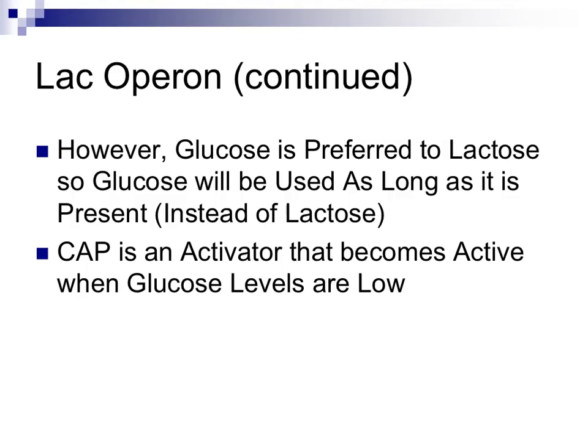Now, there needs to be an indicator to the bacteria when glucose is not around. There's a molecule called CAP that's going to act as what's called an activator that's going to detect when glucose levels are low.